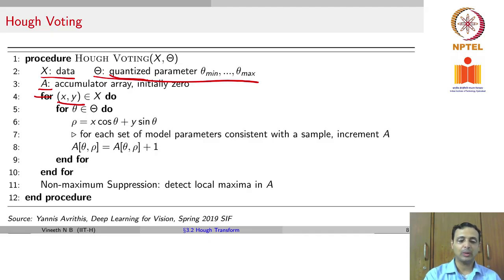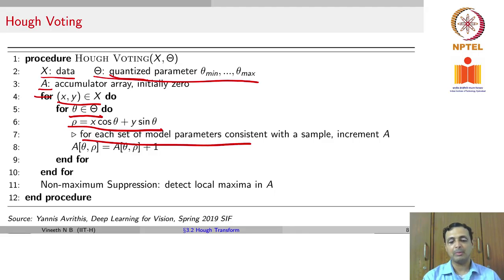So for every point xy in your Cartesian space, for theta belonging to the set of quantized thetas, you have 10 possible thetas. If you write out rho is equal to x cos theta plus y sin theta, we try to see for each set of model parameters consistent with the sample, which rho and which theta would align with this particular xy that we have taken. You increment A for that theta and rho.